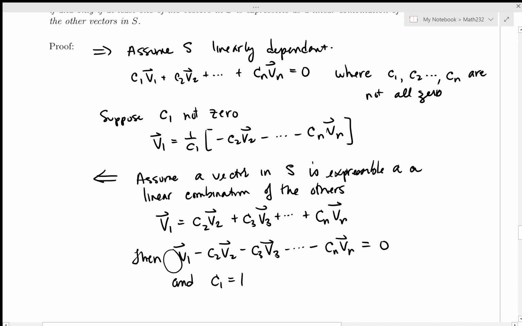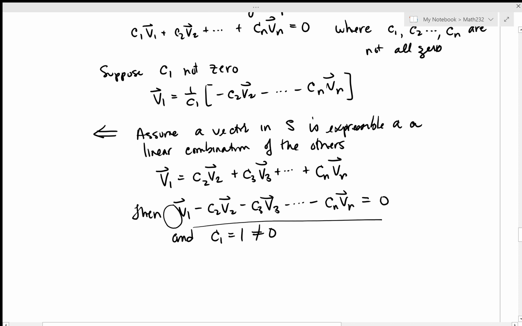Right, there it is. C1 is equal to 1. That's not 0. So we have taken a linear combination of the vectors in the set, and we've been able to make it equal to 0 when one of them, at least, is not 0. So this is basically then C1 to Cn, not all 0, because C1 is not 0. Okay, so it's not all 0, therefore S is linearly dependent.